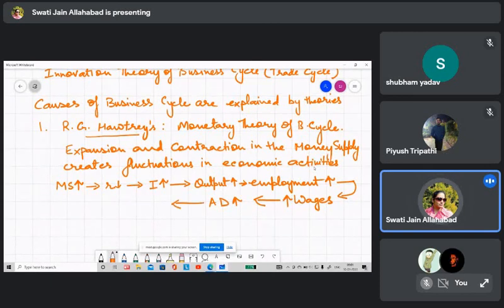Increase in aggregate demand leads to profit increase for the firms. When the profit increases, investment again increases. Credit money also expands.